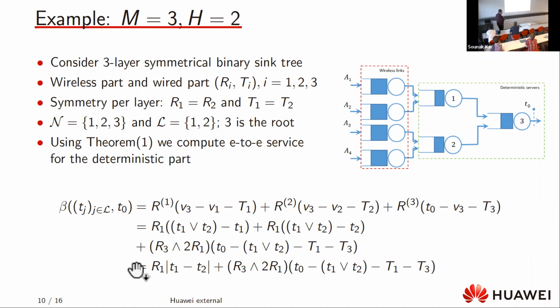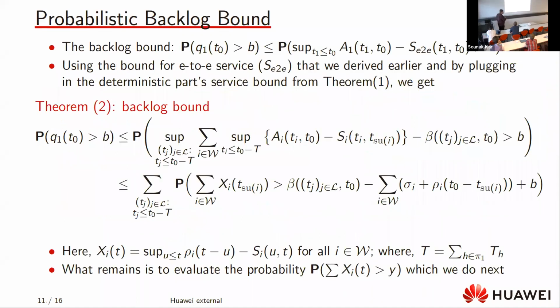Okay, and then we apply the same thing here, and we end up with this backlog bound. I'm getting time crunched, so I'm going to go quickly. By applying Theorem 1, we get the deterministic part service curve, which is already optimized.